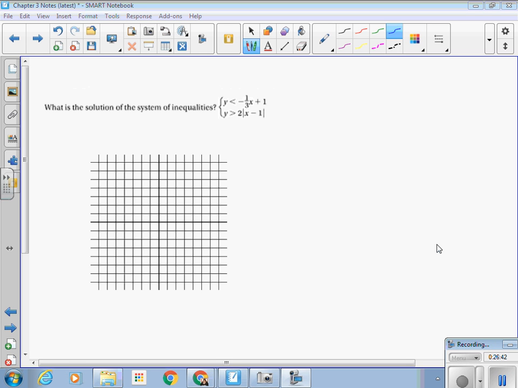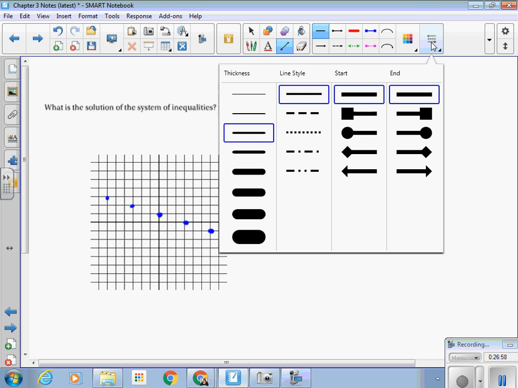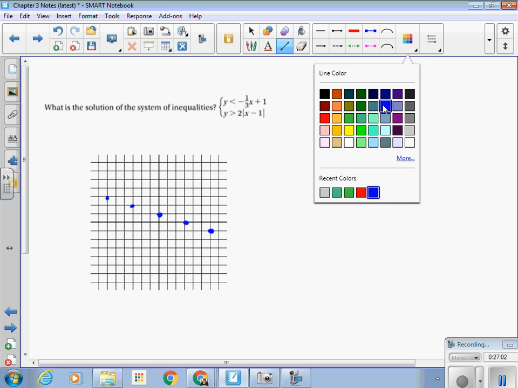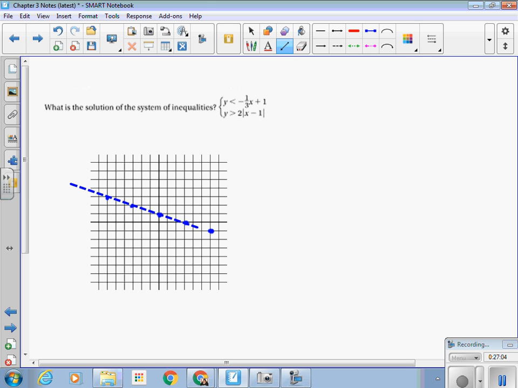So he starts at 1, and he goes down 1 over 3. And I want to shade everything below him.